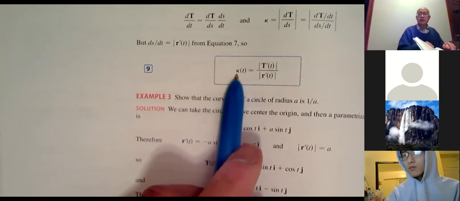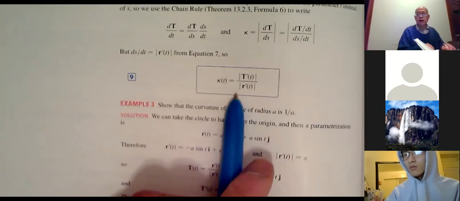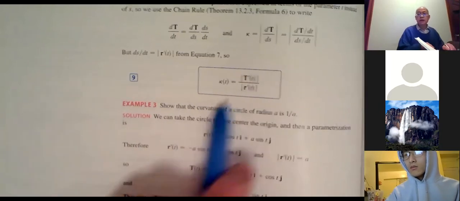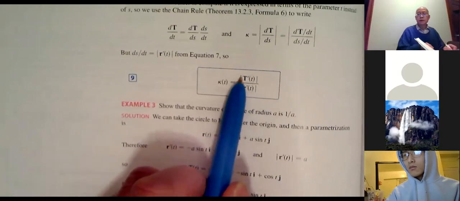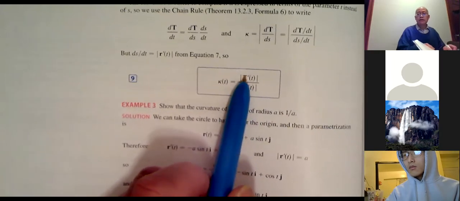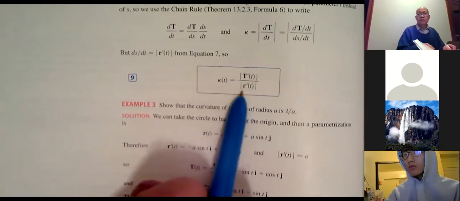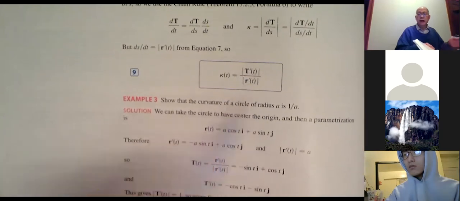Kappa of t, kappa stands for curvature. It's the magnitude of T prime divided by the magnitude of r prime. T is the unit tangent vector, divided by r prime. They're not necessarily the same. Take the derivative of T, divided by r prime, magnitude over magnitude.